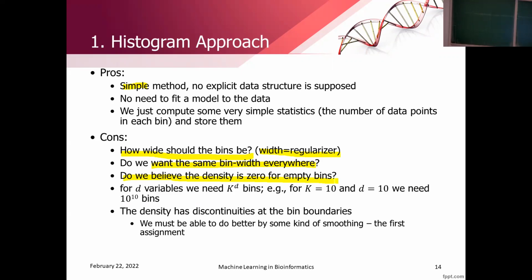Usually we have no guarantee, because we have a limited sample. So usually we suppose that even if we have zero hits in a bin, we artificially add some small number of hits to the empty bins, because maybe in the future we could obtain some values from the bin.